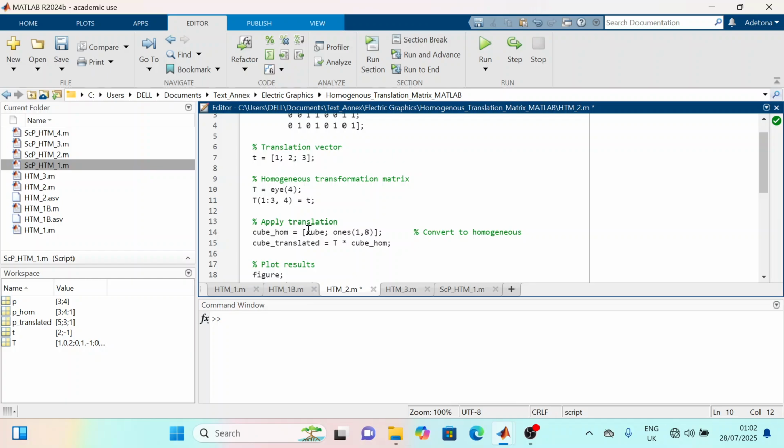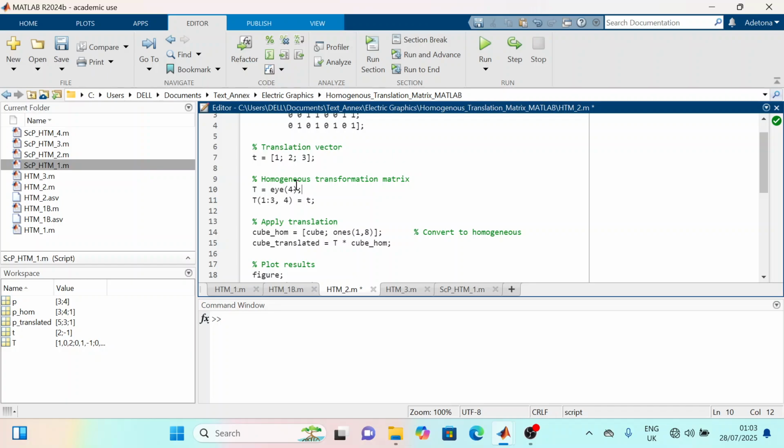We add ones to row 4, and this row is going to contain 1 1 1 1, all 8 elements that form the row. Therefore, we have made the cube homogeneous, so that it's going to have 4 by 8.